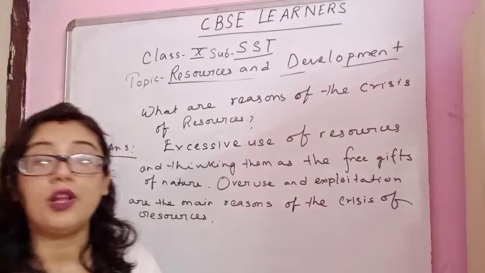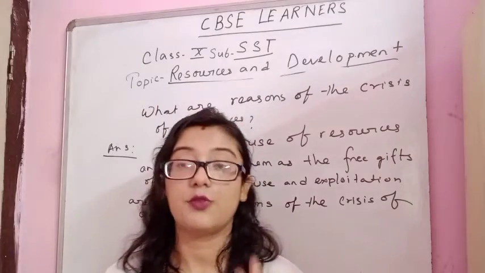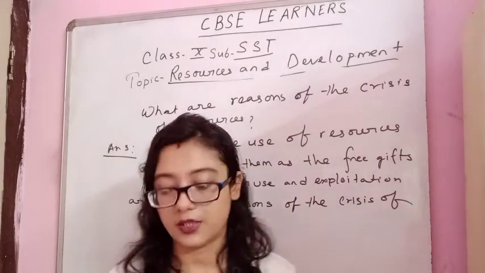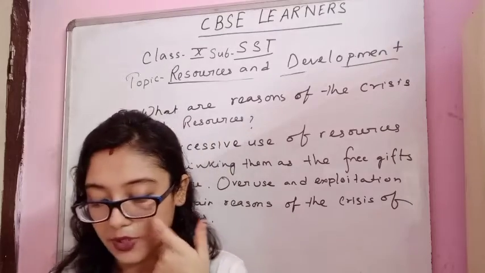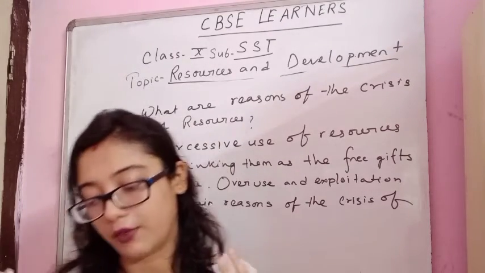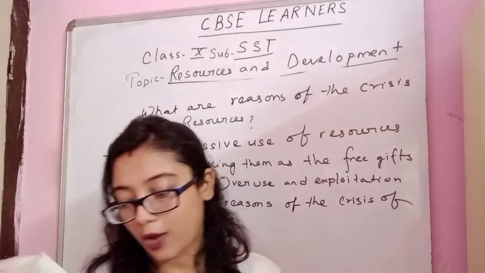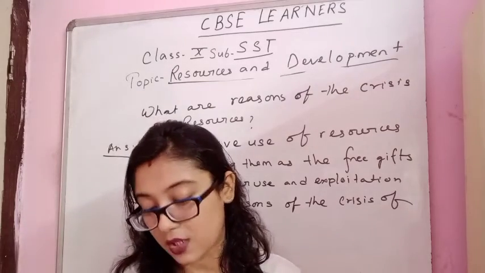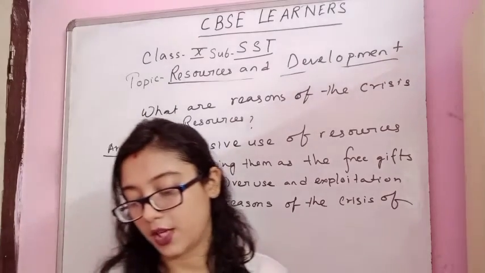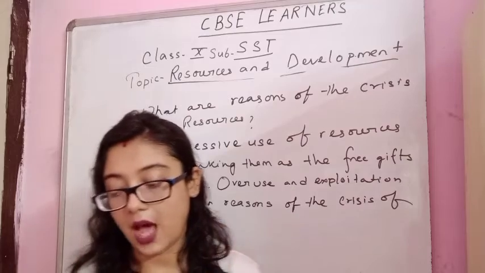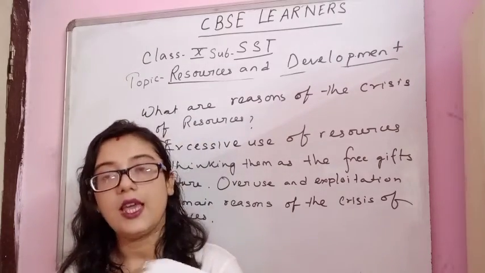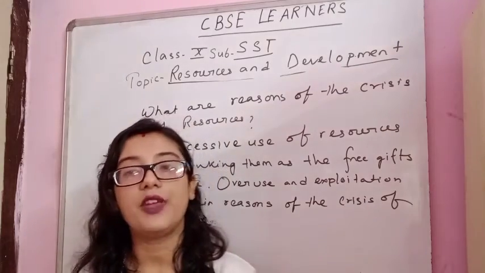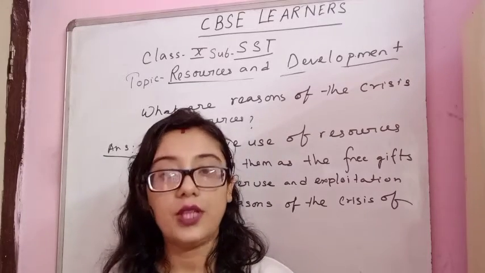Next we will learn about the problems we are facing because of the crisis of resources. Depletion of resources for satisfying the greed of a few individuals, and accumulation of resources in a few hands, which in turn divided the society into two segments, that is haves and have-nots.